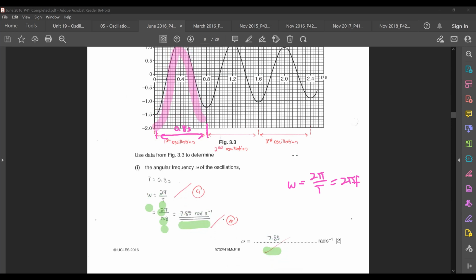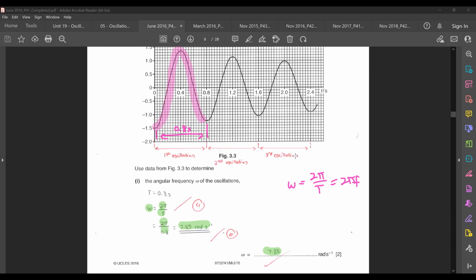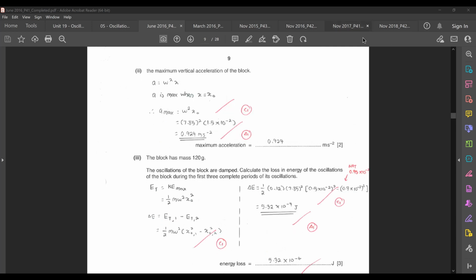This is pretty straightforward. Then the next part is to calculate the maximum vertical acceleration of the block. So based on what we've done earlier, without going through the derivation again, we know that maximum acceleration is really just the angular frequency squared multiplied by your amplitude.